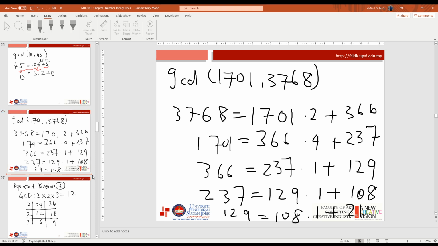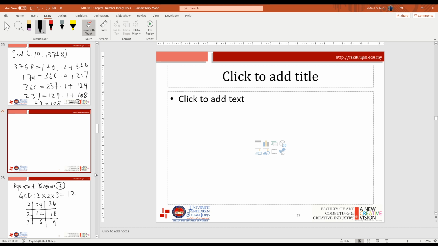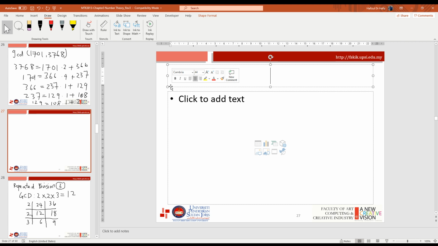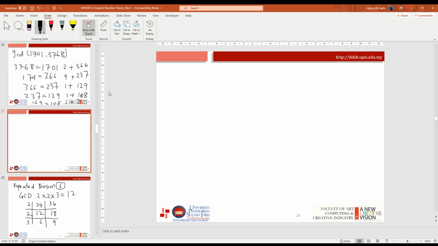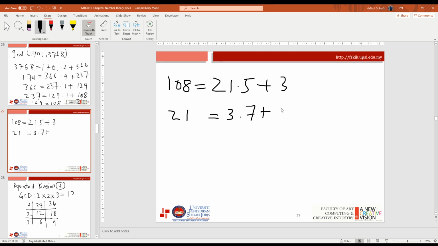Okay, continue. We have 108 is equivalent to 21 multiplied by 5 plus 3. And then 21 is equivalent to 3 multiplied by 7 plus 0.